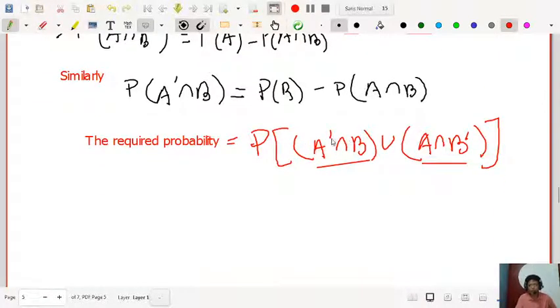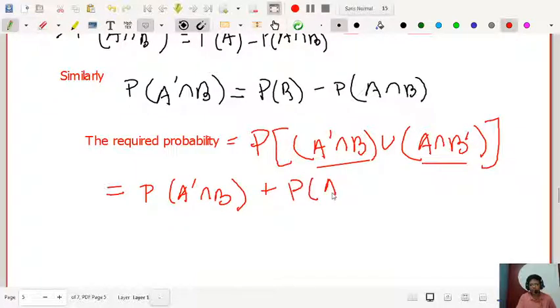So in the first case, you have occurrence of B or occurrence of A. There is a sense of or. Since A complement intersection B and A intersection B complement are mutually exclusive, we can write probability of A complement intersection B plus probability of A intersection B complement.